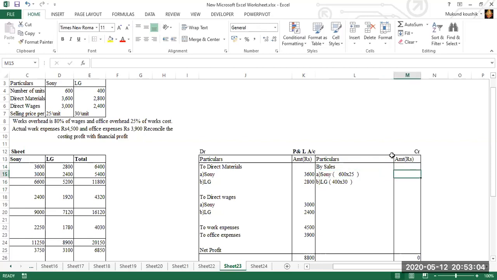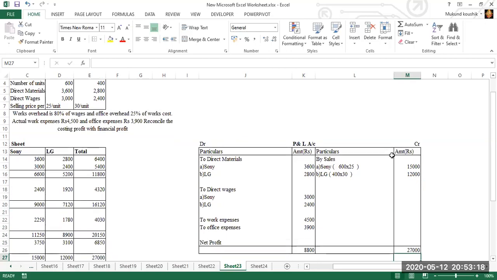So 600 into 25, how much do you get? Sales value of Sony is 15,000 and for LG, 400 units into 30 rupees, it will be 12,000. So the total sales value of both the companies put together is 27,000.